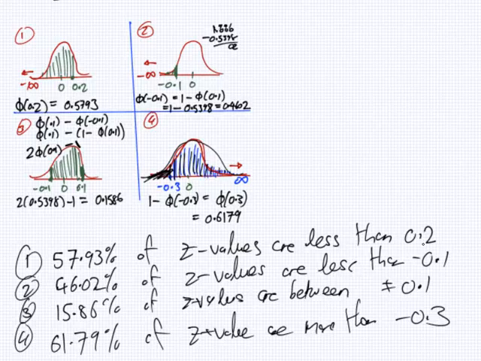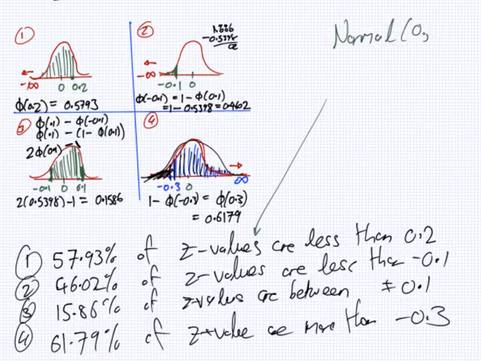Now the reason you need to know that is because the question could ask you what percent of Z values are less than 0.2. So you need to draw that as the graph and get the area. I was saying to Sharif the name of this, another name for these Z values, I wrote this earlier but I don't think I said it out loud: normal 0, 1 values, which is longer to say.